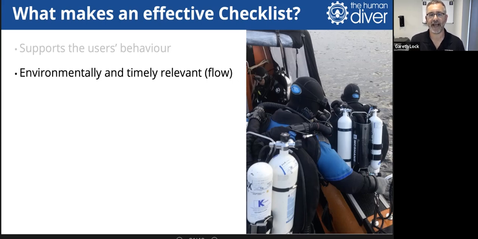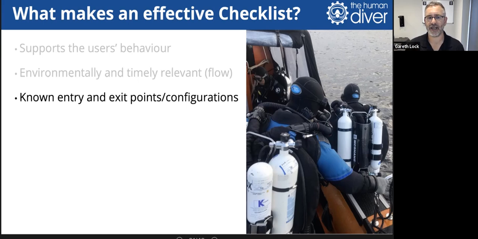It's environmentally and timely relevant to the flow. So I was talking about that coupling and making sure that things happen at the right stage for the task at hand. Again, we go back to the bit above. There are known entry and exit points and configurations. This goes back to chunking it. So when you leave one checklist, it's a standard configuration that you enter in the next checklist.